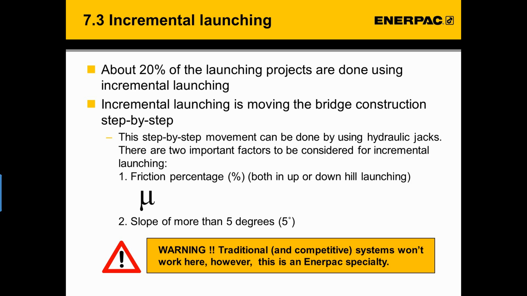Two important elements must be taken into consideration: the friction coefficient μ, as seen before, for both uphill and downhill movements, and secondly, the slope, especially when the slope is more than 5 degrees. It is safe to say that with incremental launching, traditional hydraulic systems will not work.